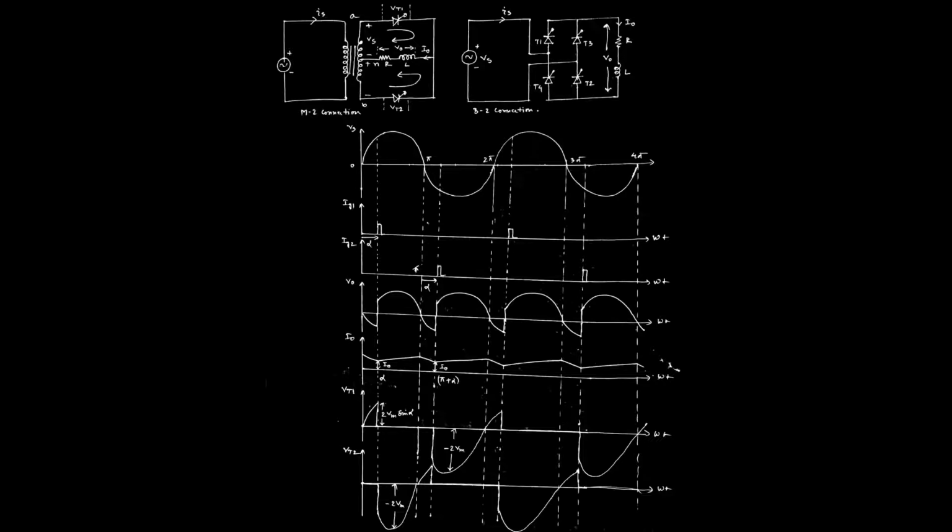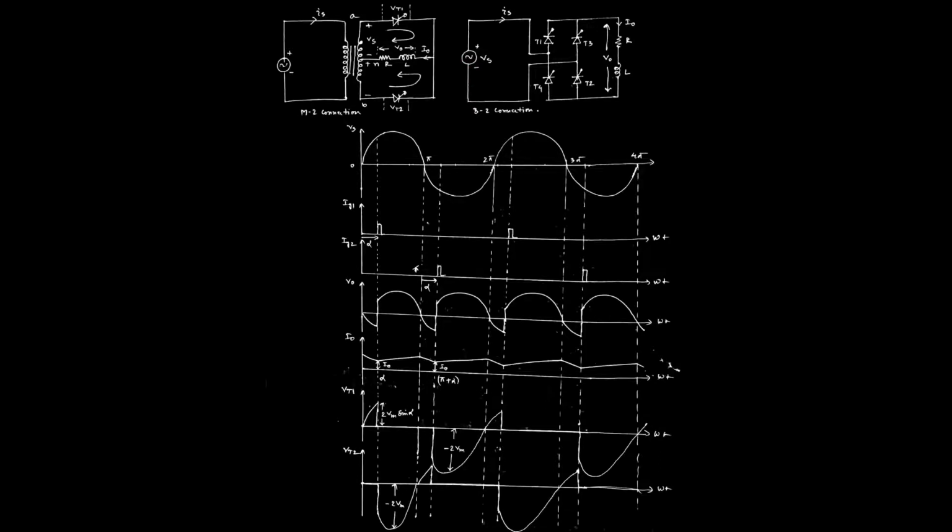At the same time, T3 and T4 will both be in forward biasing condition. That is why we should apply the proper triggering pulse across thyristor T3 as well as thyristor T4, in the same duration, at the same instant. Once thyristors T3 and T4 are switched on, the current from the supply voltage starts flowing in this direction, as happens in the negative half.